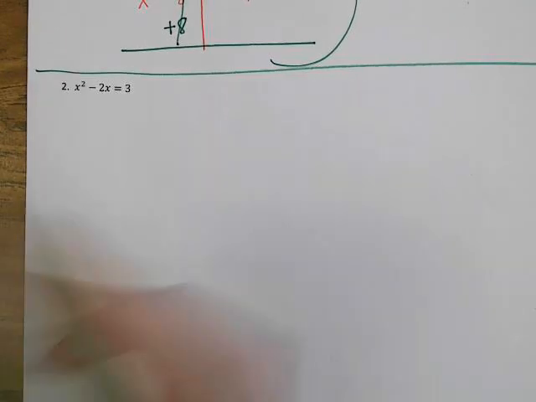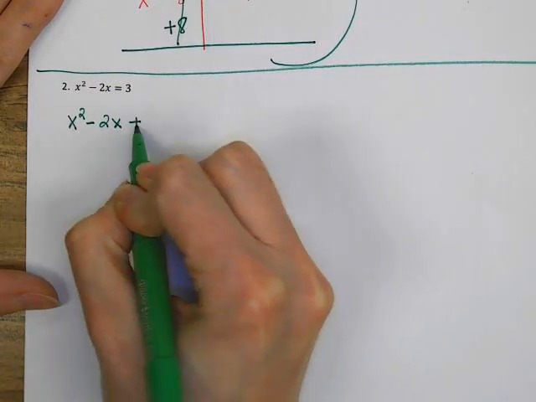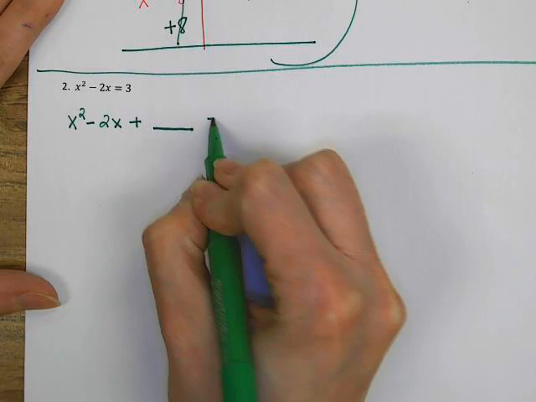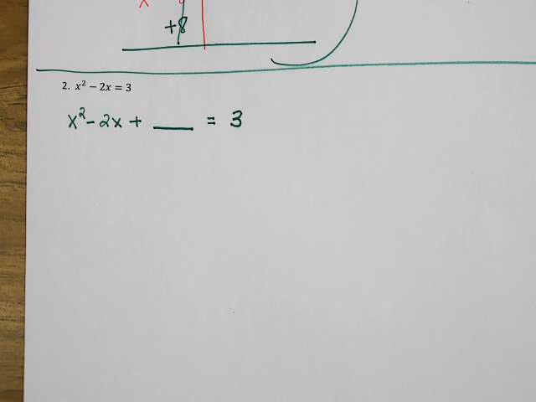Okay, first step, rewrite the problem. Leave a blank for the missing term, and then you want to keep the 3 on the other side of the wall. Okay, let's find our special number.